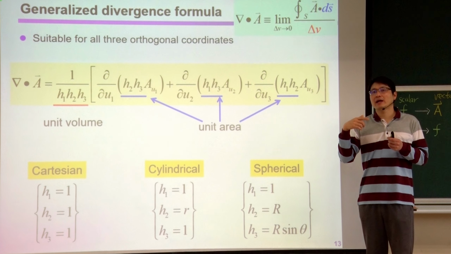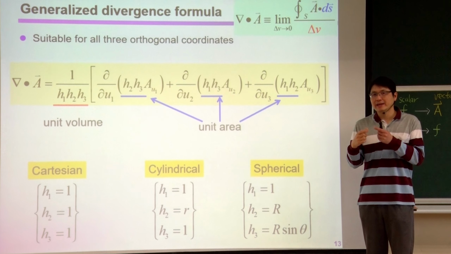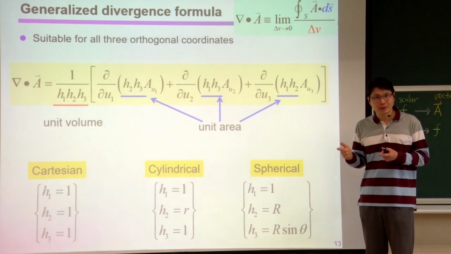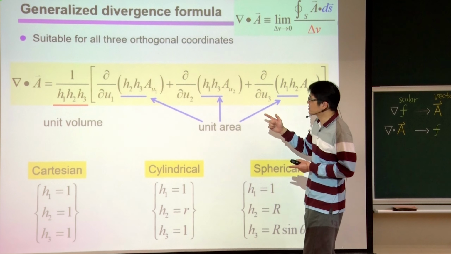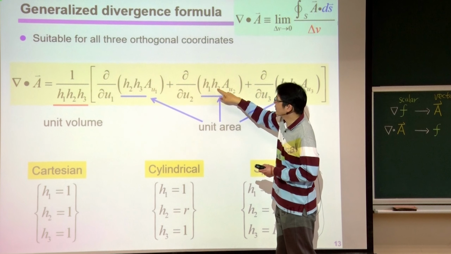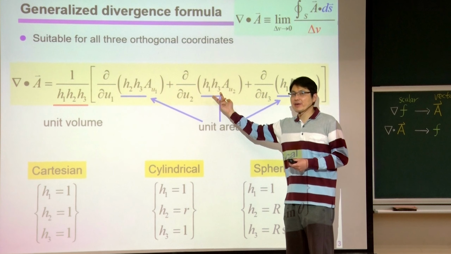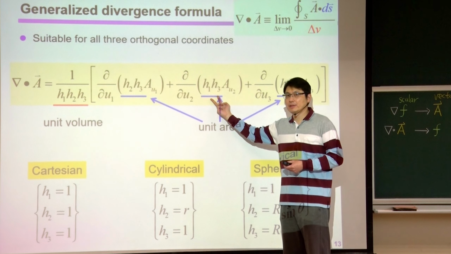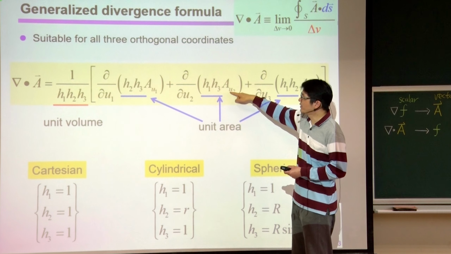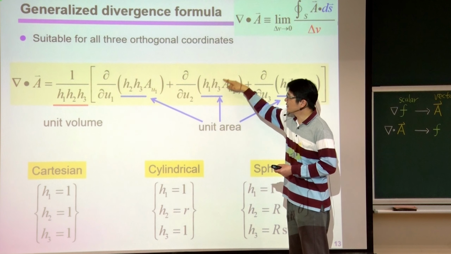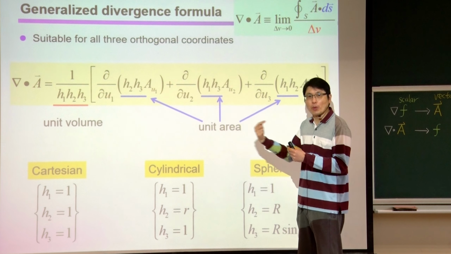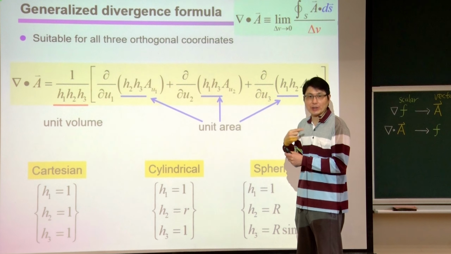If your unit vector is an angle, then the differential length will be an arc. So in this example, this h1 times h3, why is it there? When you evaluate the flow for your second field component, you have your surface pointing in the second unit vector direction.